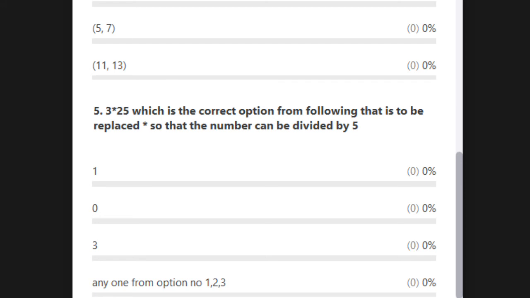Which is the correct option from the following to replace the star so that the number can be divided by 5? Oh, divided by 5. It's really very easy. And the 4 options in front of you are 1, 0, 3, and the fourth option says any option from the given options.